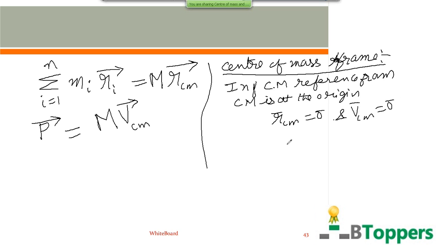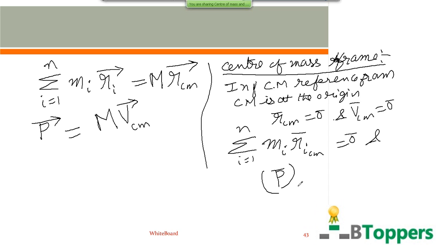That means the velocity of center of mass relative to center of mass will obviously be 0. So the vector sum of moments of the masses of all the particles of the system with respect to the center of mass as origin becomes 0, and the vector sum of linear momenta of all the particles of the system relative to the center of mass will also be 0.